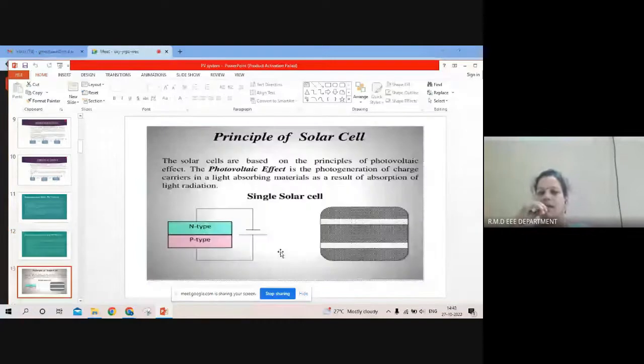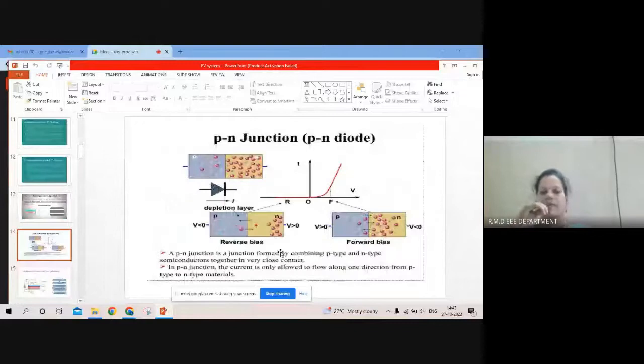And this will show you the principle of the solar cell. As I mentioned earlier, it operates on the photovoltaic effect.